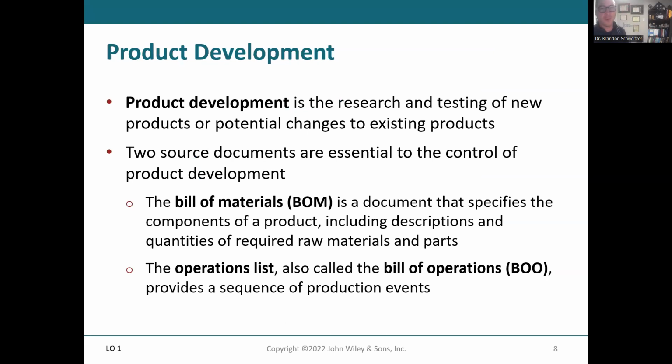When it comes to product development, we're looking at the development of brand new products or changing existing ones by modifying their existence. I like to think about a brand new product being something that we've never seen before, or a new model of an existing framework.